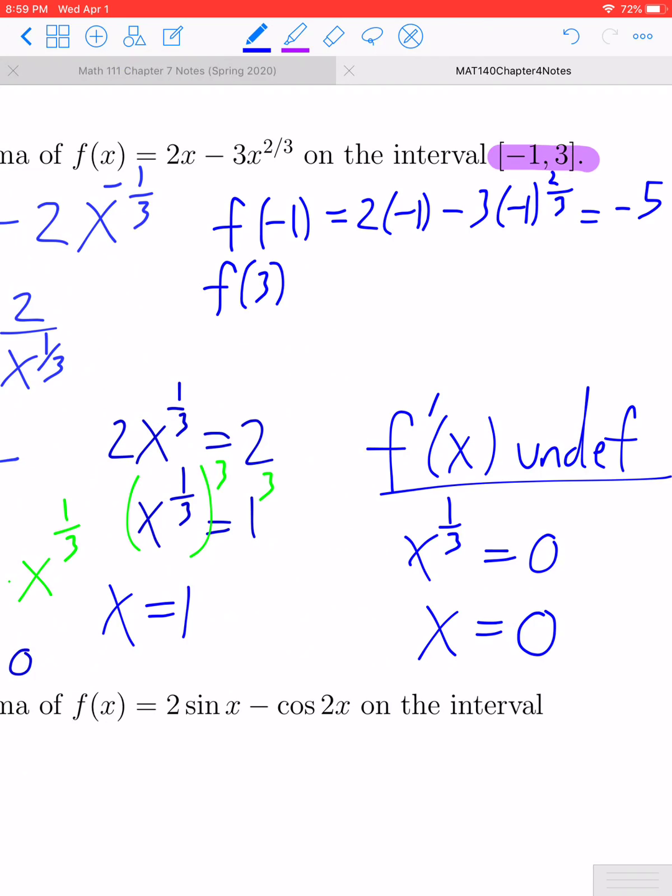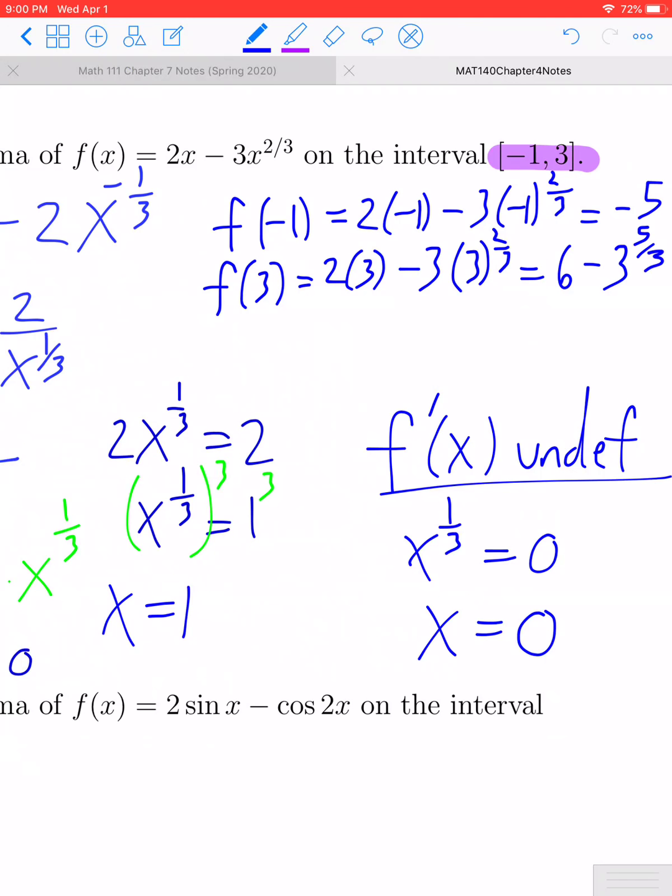If we do f of 3, this is going to be 2 times 3 minus 3 times 3 to the 2/3, which is going to be 6 minus, one way you can write this, 3 to the 5/3 power.